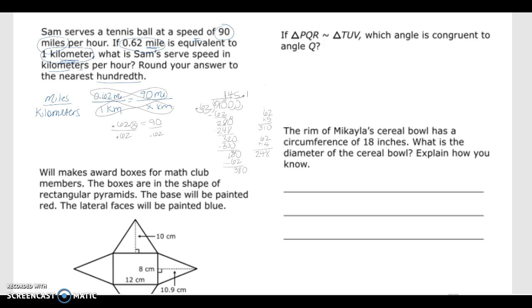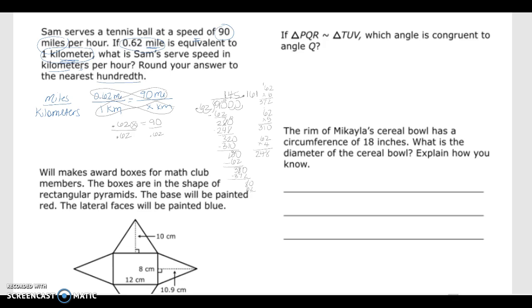I'm going to do 62 times 6. 2 times 6 is 12, 6 times 6 is 36, 37. So 6 is 372. I'm going to subtract. 380 is going to be 162. Okay, so now that I went 3 places, I'm able to round to the nearest hundredth.